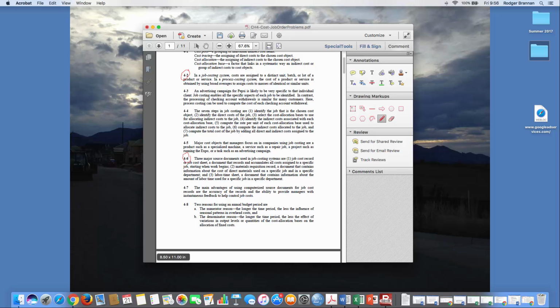So job order costing is our first place where we're going to begin to look at this from a point of view of debits and credits. The job itself is the asset. Remember that in a manufacturing company, there are 3 levels of inventory: raw materials, work in process, finished goods. And the job itself is a form of work in process.